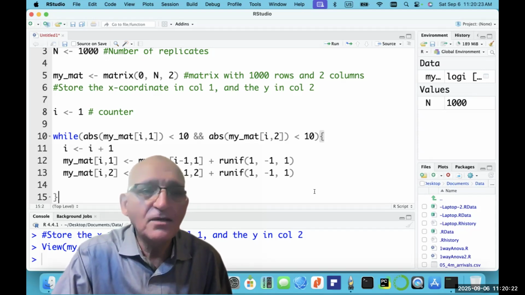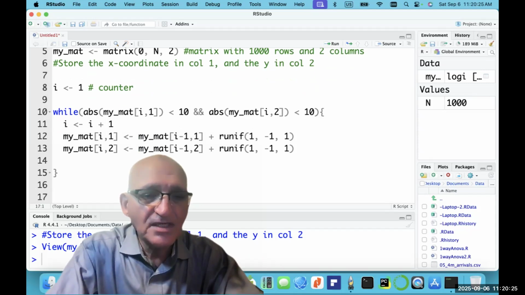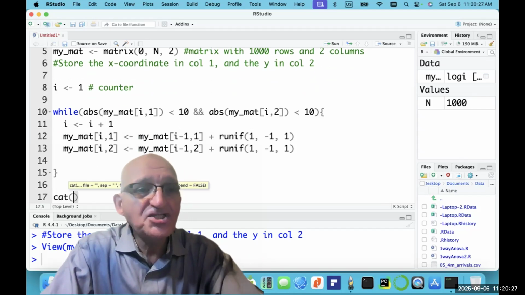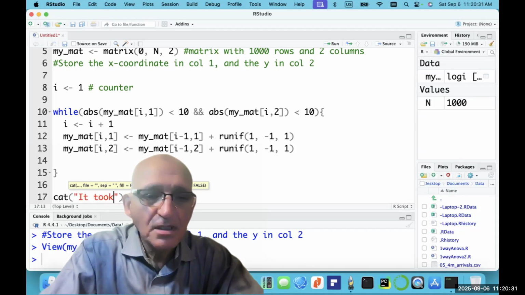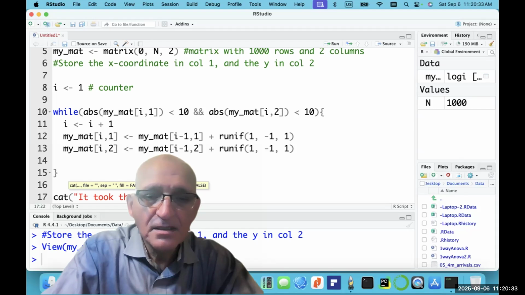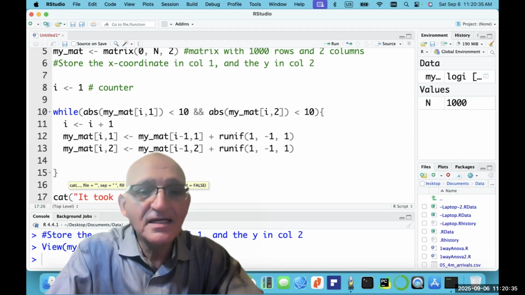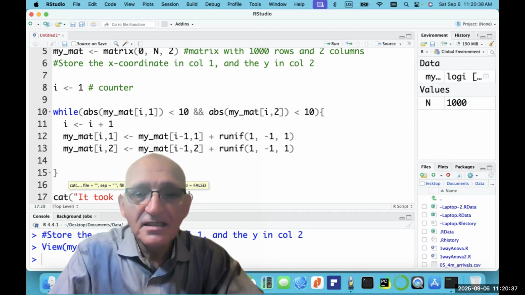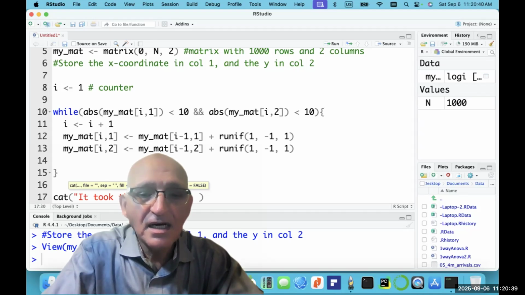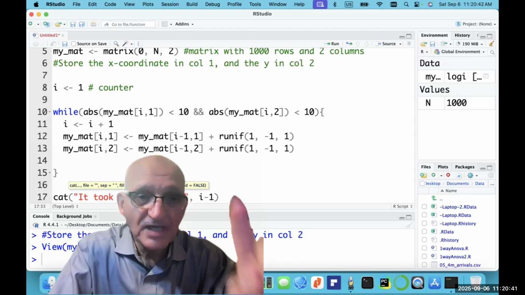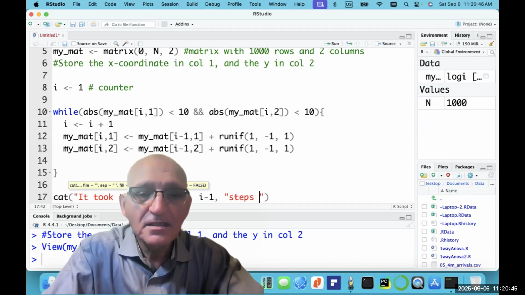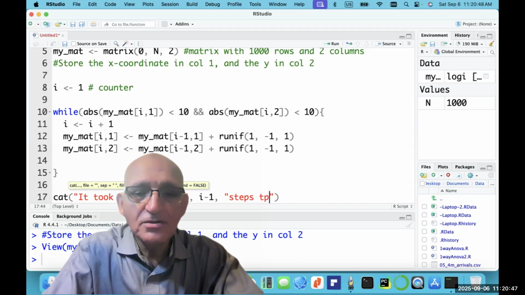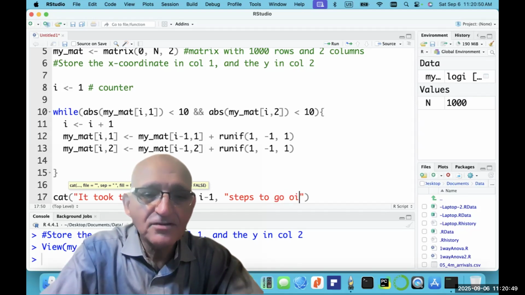I will say, well, remember we said you can use concatenation, and you say it took the particle, and then I'm going to leave it blank and say I minus 1 steps to go out of bounds.